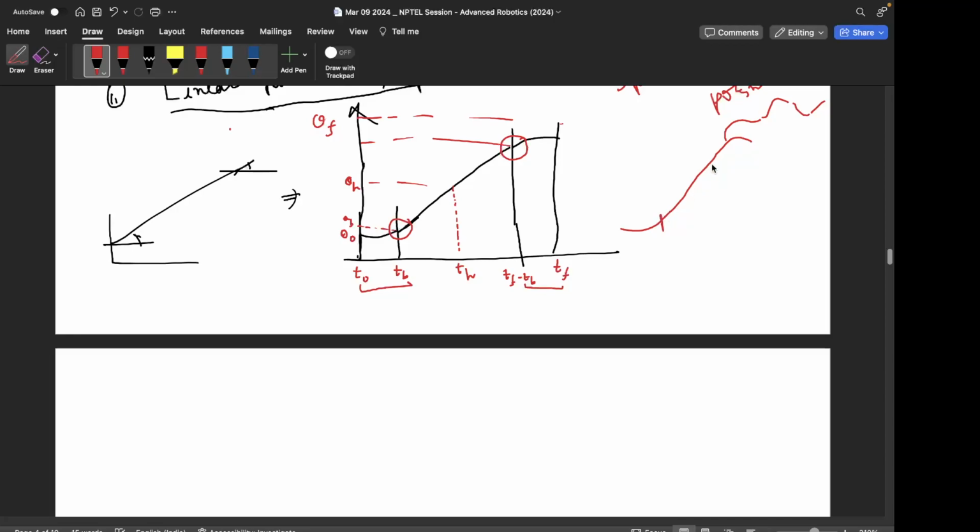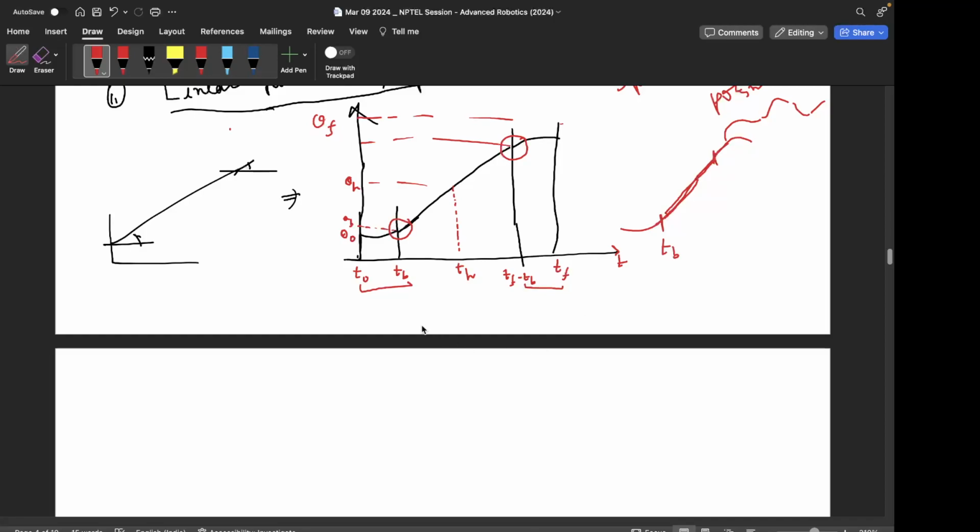So here and here the slope should be the same, and the slope of this theta and t plot is the velocity. So velocity at this point TB should match the velocity of the linear section, and the velocity of the linear section is the slope of the line, and similarly here too, right?